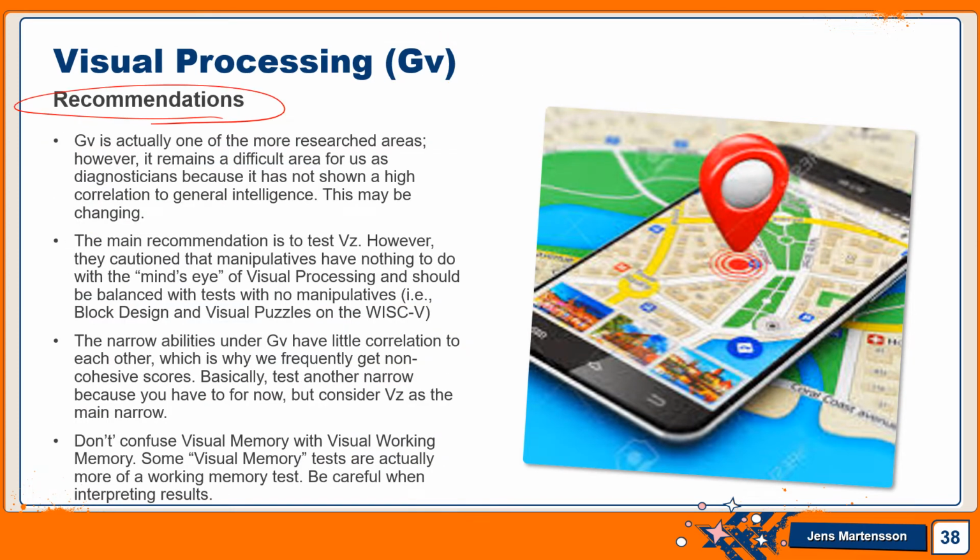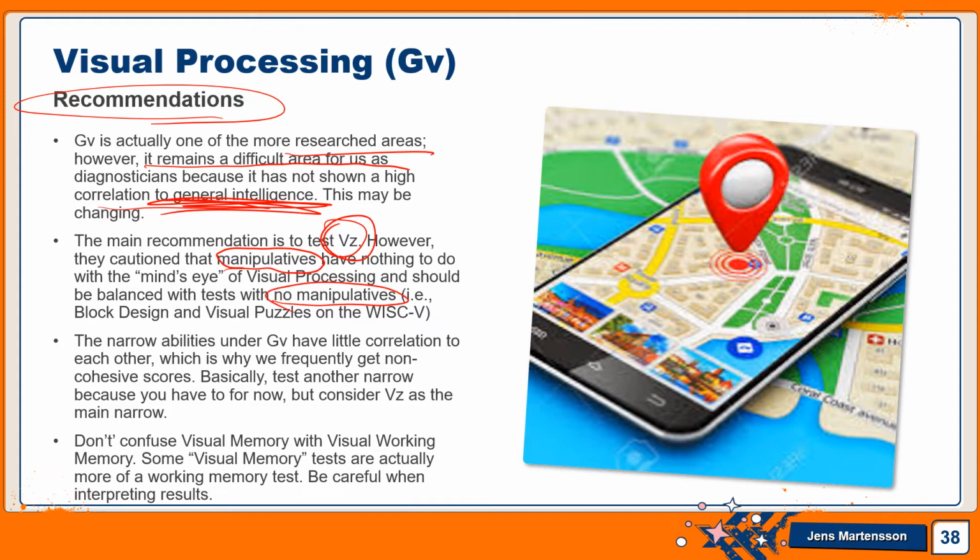So the recommendations for GV. GV is actually one of the more researched areas. However, it remains a difficult area because it really doesn't correlate to general intelligence very much. The main recommendation is, of course, visualization. But they say that it's important to have one with manipulatives and one with no manipulatives.